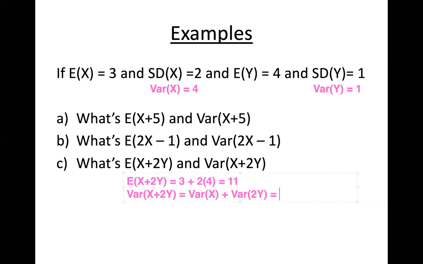The variance of x is 4, plus, well, if I'm doubling the y's in a variance, I have to square that 2. So I'm going to square that 2 to be 4 and then times that variance. And that gets me 8. All right, and that's my final answer for that one.